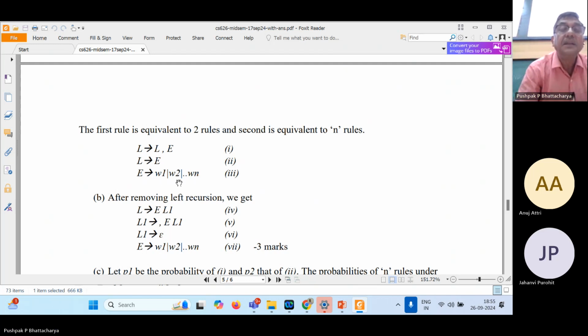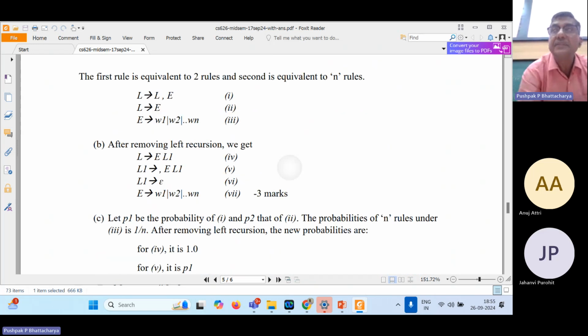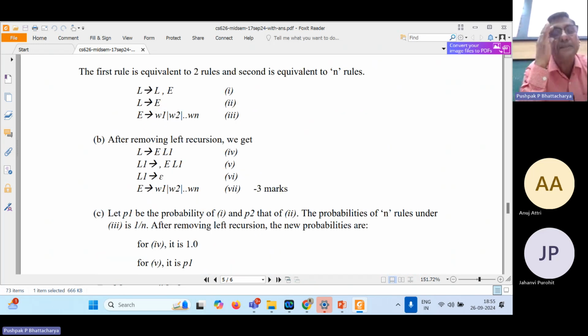And then if you want to remove the left recursion, you have to introduce L1. L goes to E L1. And L1 goes to comma E L1. So introduce right recursion. And L1 goes to epsilon. Then E is as before, W1, W2 up to Wn. Those of you who are comfortable with left recursion get it quickly. The main point is probability.